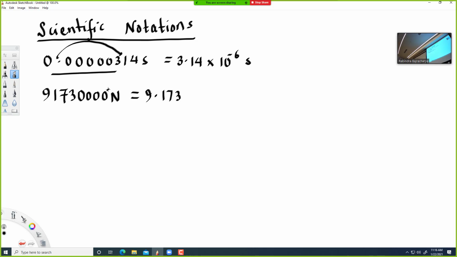So you are shifting your decimal how many places to the left. So 1, 2, 3, 4, 5, 6, 7. So you're moving this 7 places to the left. That means since it's a bigger number, we'll have a positive power. So 10 to the 7 Newton. Okay? Like that.